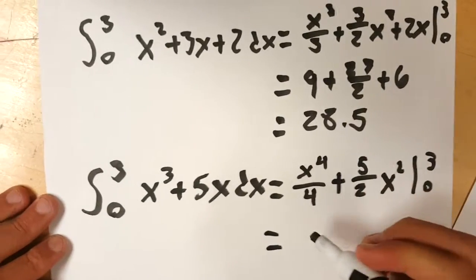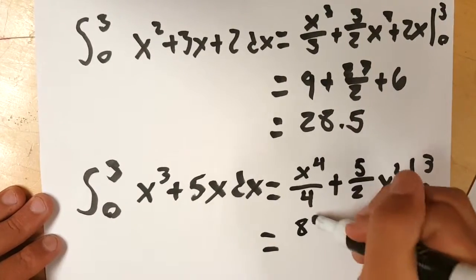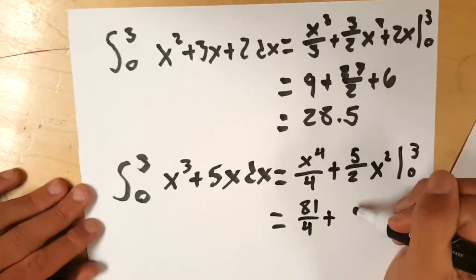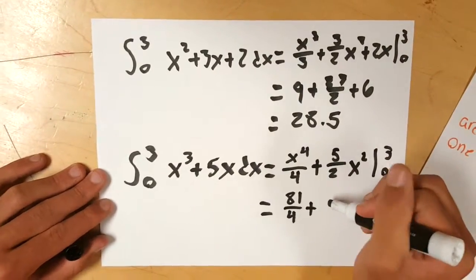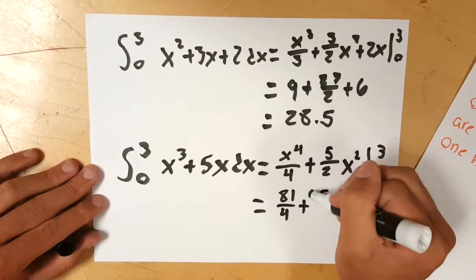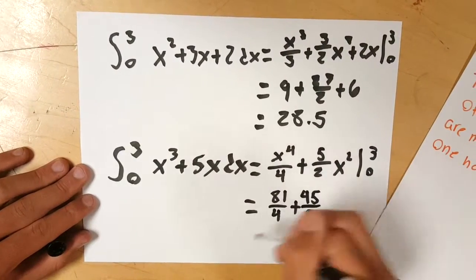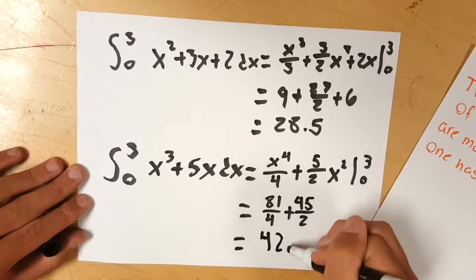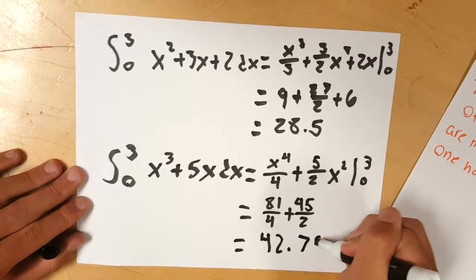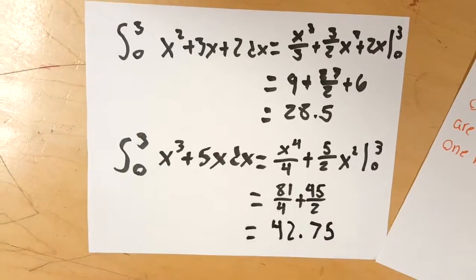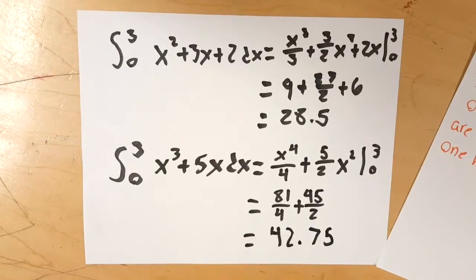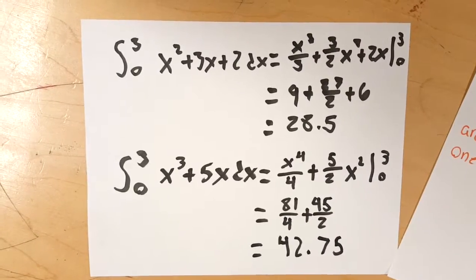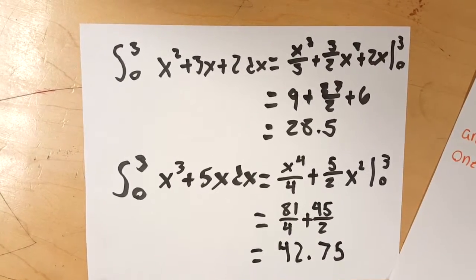That gives you 81 over 4 plus 45 over 2, which equals 42.75. And as you can see, the second equation has a much greater displacement because it is approximately 14.25 units further.